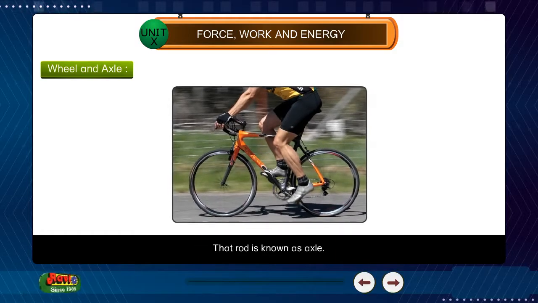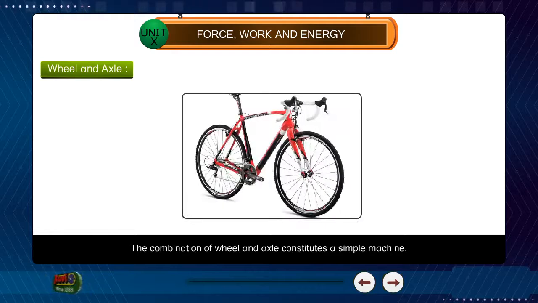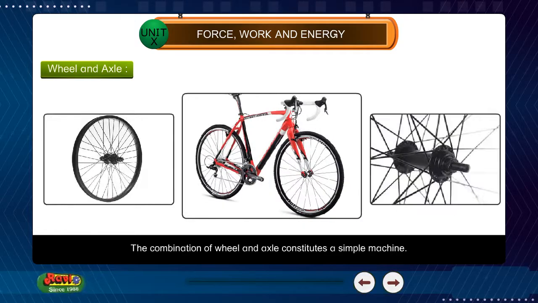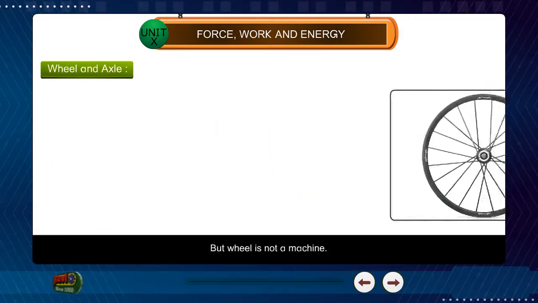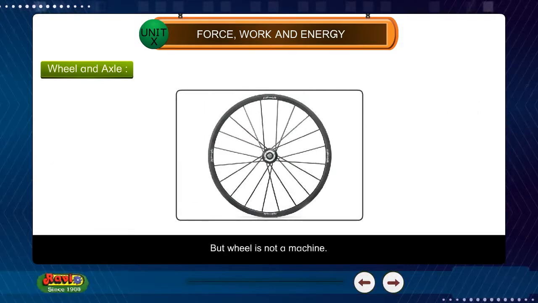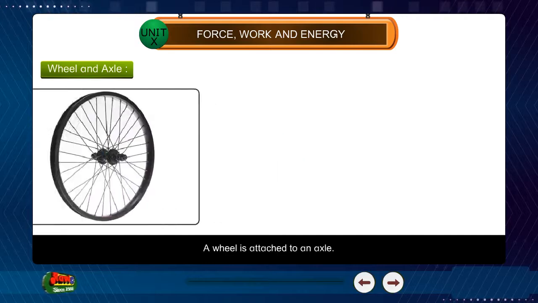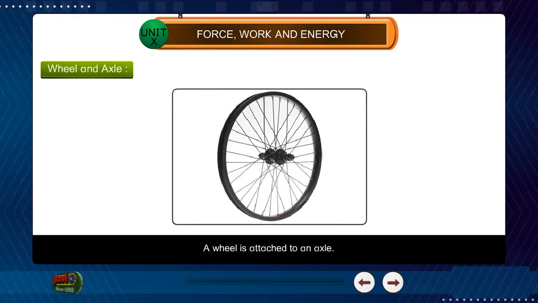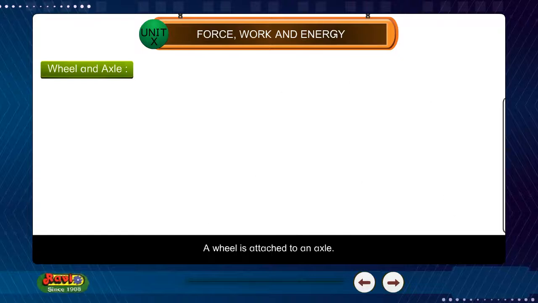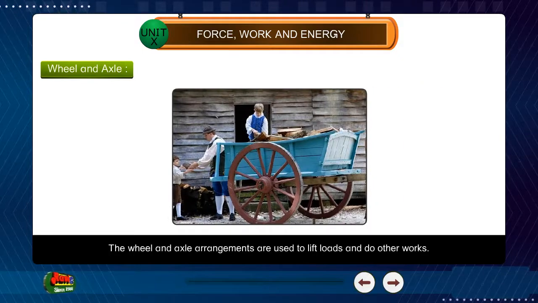The rod is known as the axle. The combination of wheel and axle constitutes a simple machine. But a wheel alone is not a machine. A wheel is attached to an axle. The wheel and axle arrangements are used to lift loads and do other works.